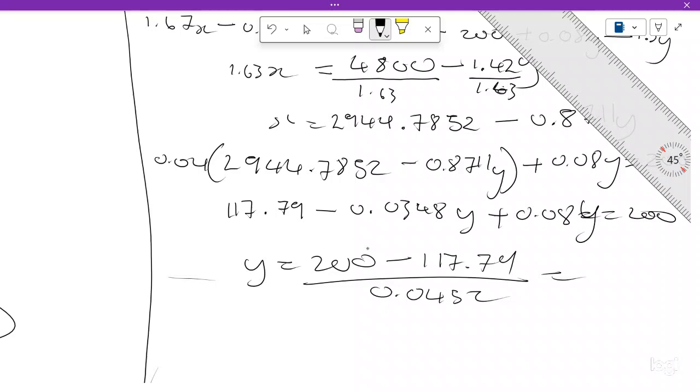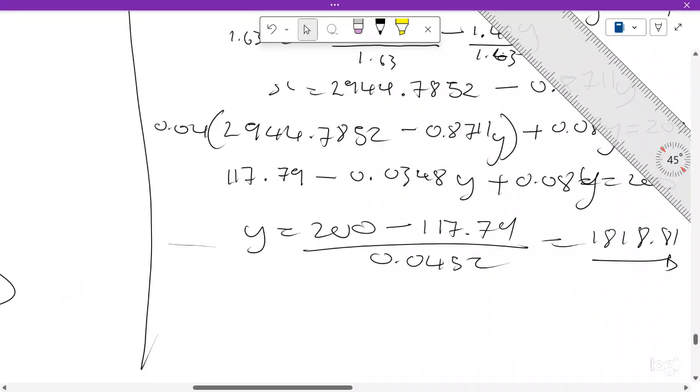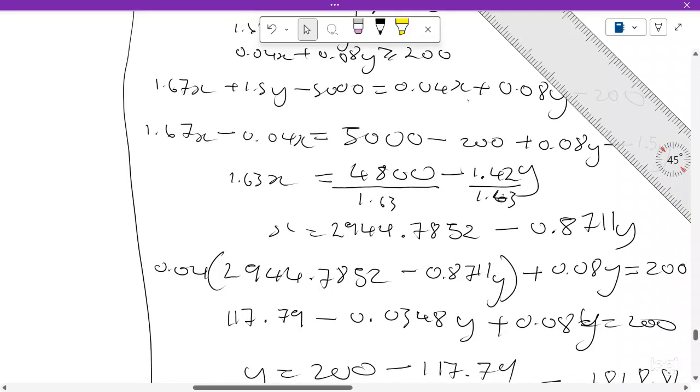The answer becomes 2250. So now 2250 is going to become your y.